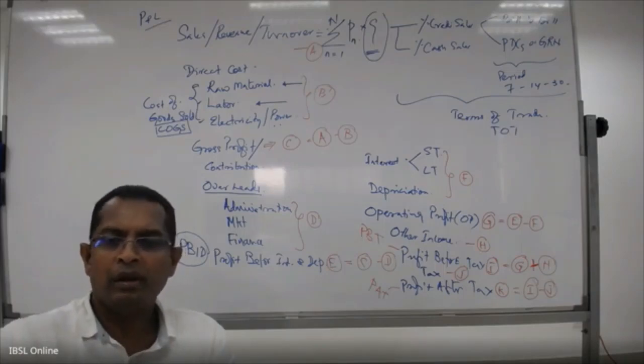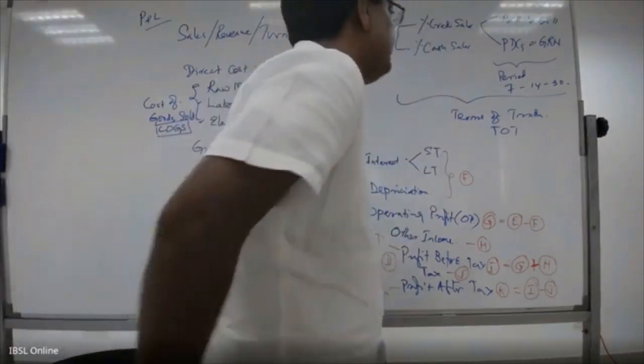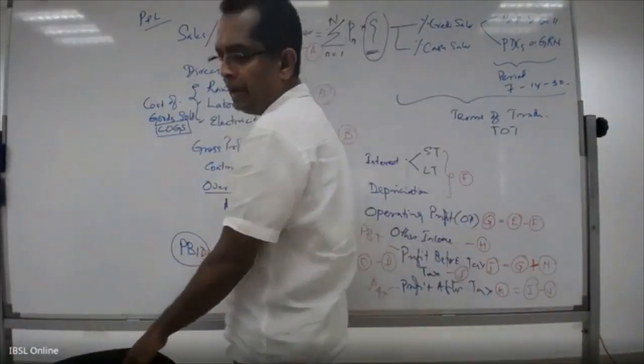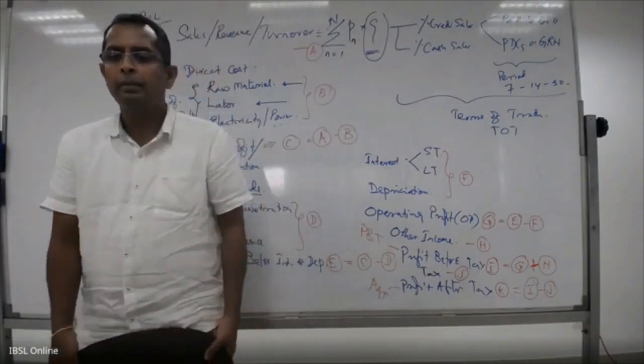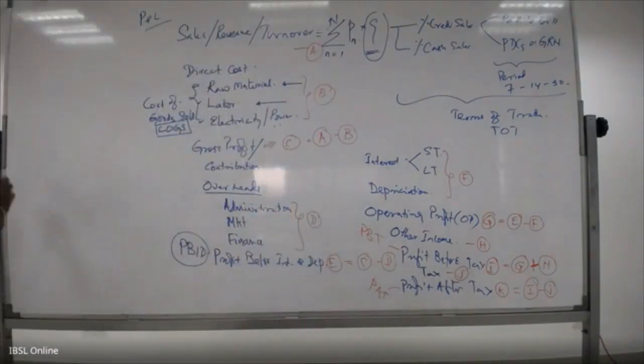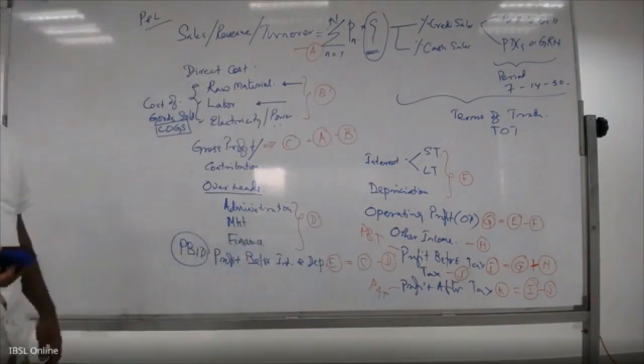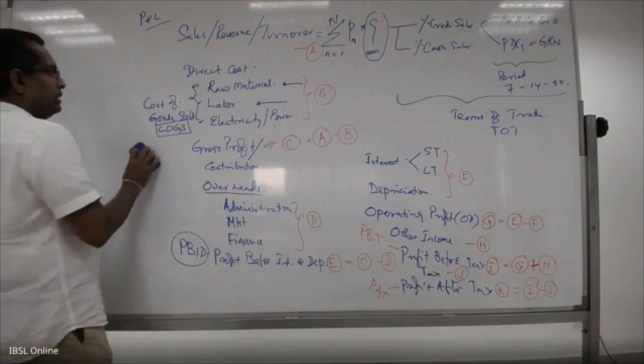Since you are not asking me any questions, I am proceeding. This is the P&L. Then we will go to balance sheet. I need to write this again later, but I am going to erase this. Hope you have written it properly.